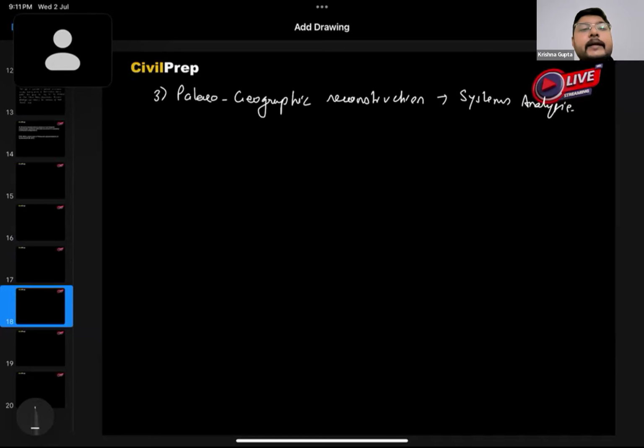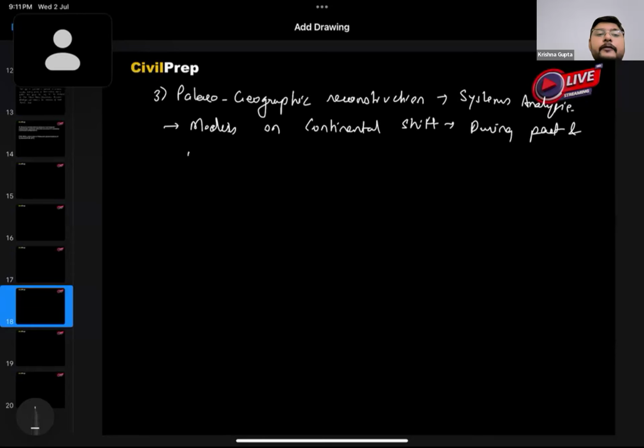Here we'll be seeing that it is providing us the models on continental shift during the past and future also. So this is one part which is provided here.